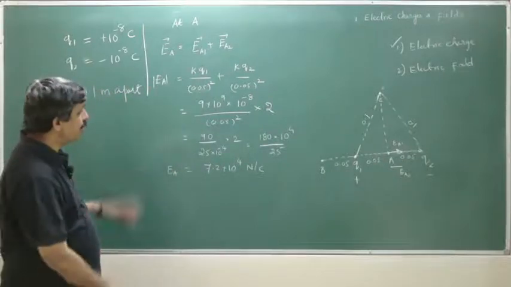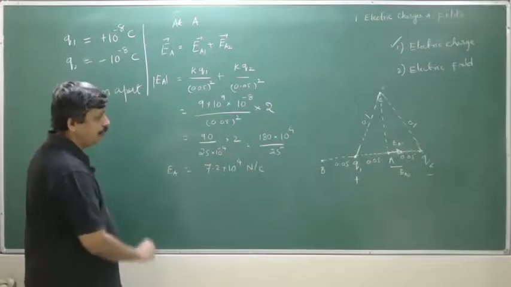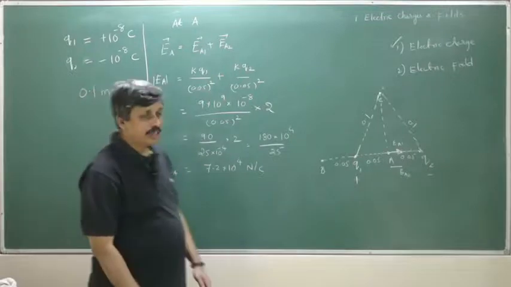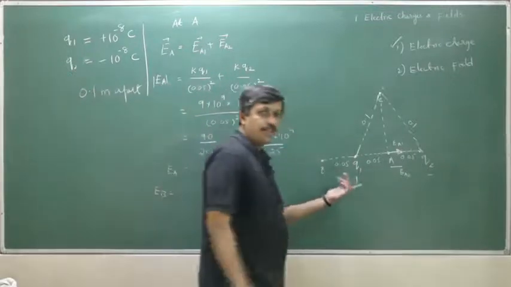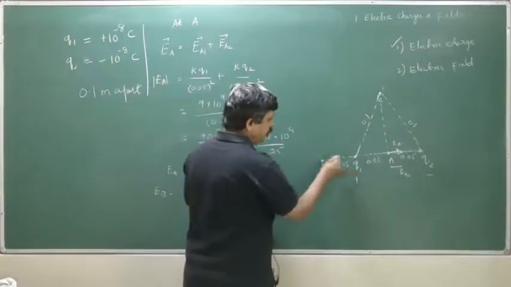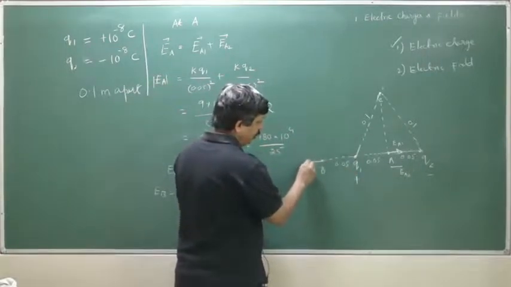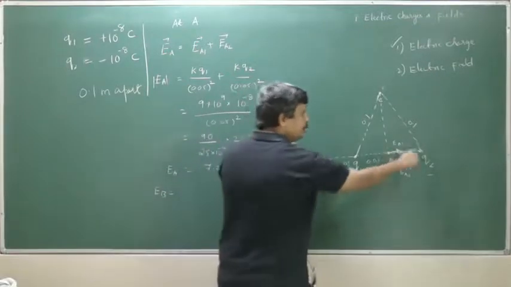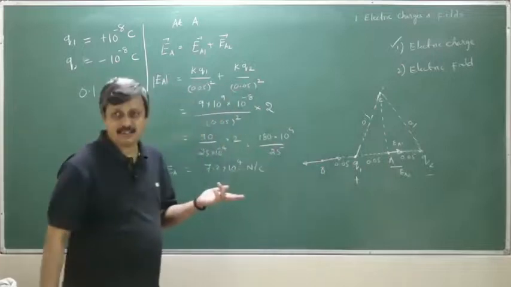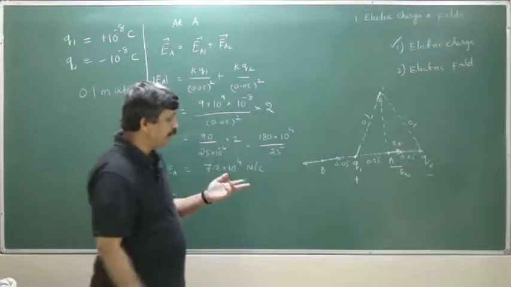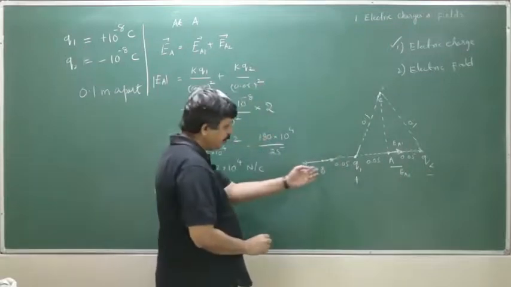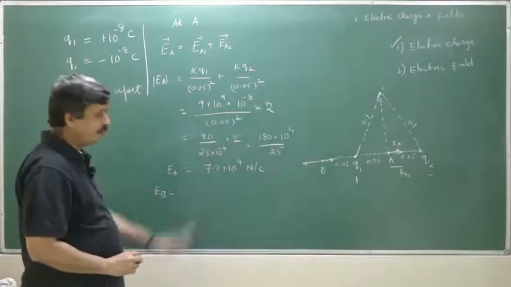If you want to calculate EB, let us look at EB now. What will happen to EB? Again, at the point B, this is pushing it away, and this is pulling it this side, but it is weaker. Why is it weaker? It is farther, so it is weaker. Ultimately, the net is on this side, this minus that.